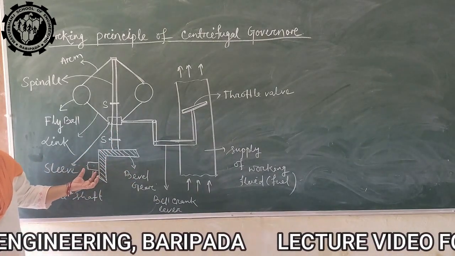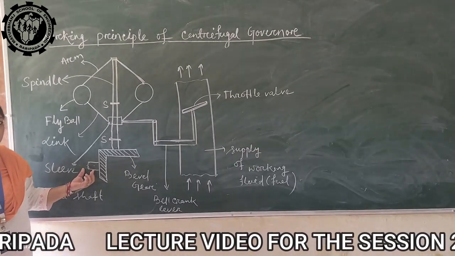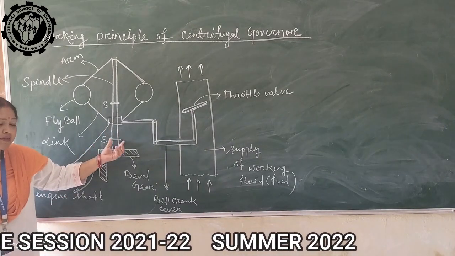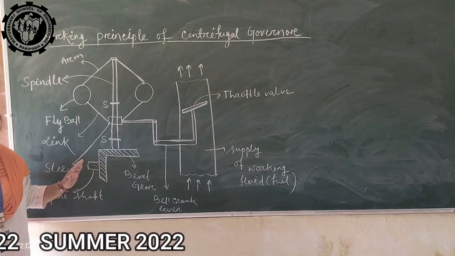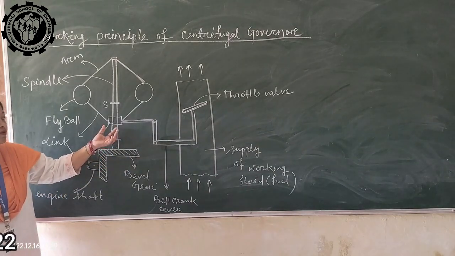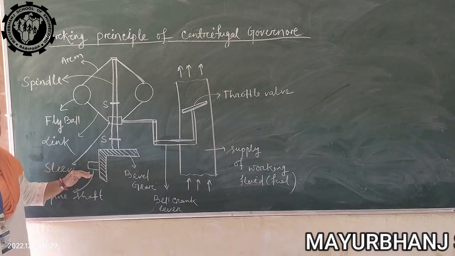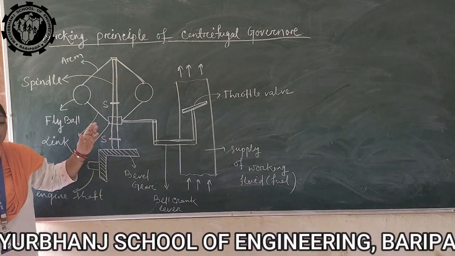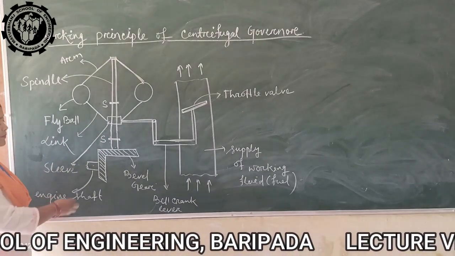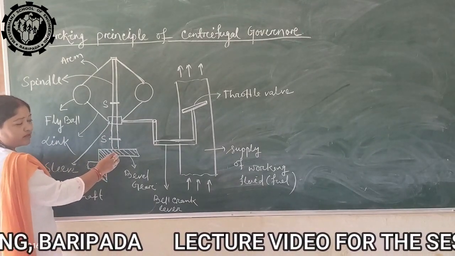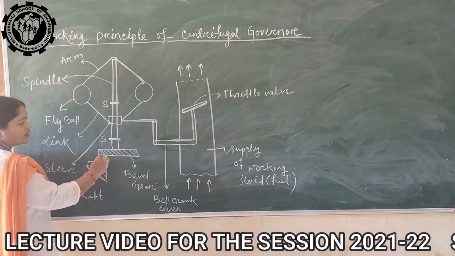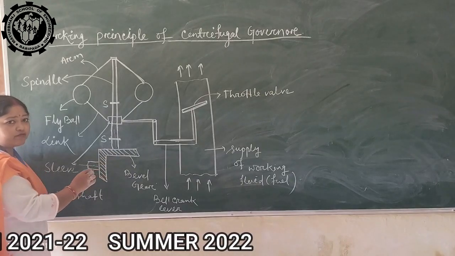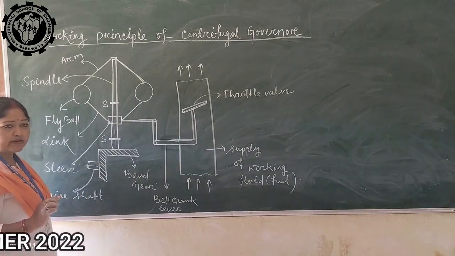Means when the speed of the engine increases, the speed of the spindle also increases. Similarly, when the speed of the engine shaft decreases, the speed of the spindle also decreases. As the two shafts are in perpendicular position, we use a bevel gear for the transmission of power, right?